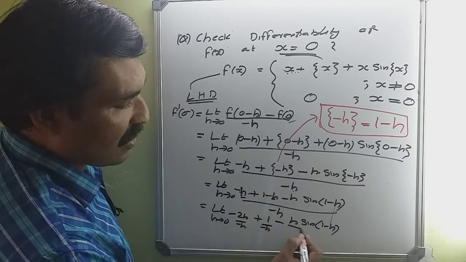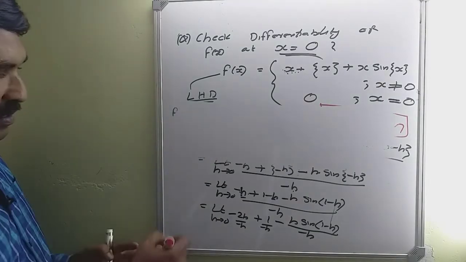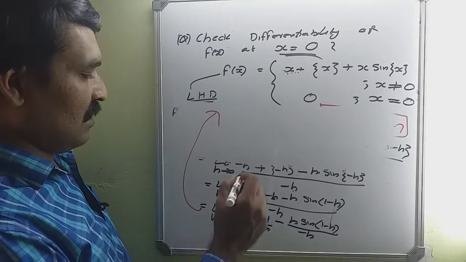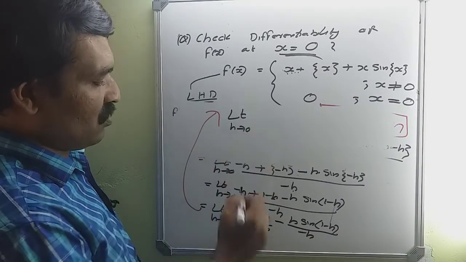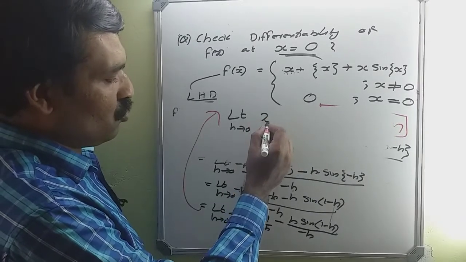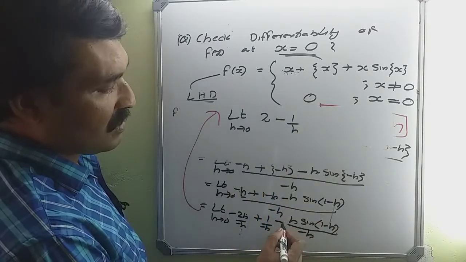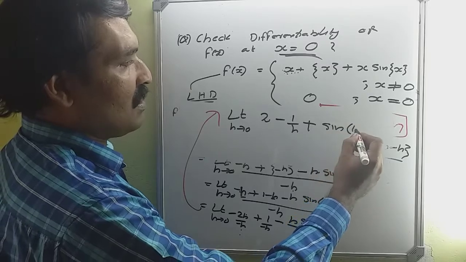The h and h cancel, minus and minus become plus, so 2 minus 1 by h plus sine of 1 minus h.